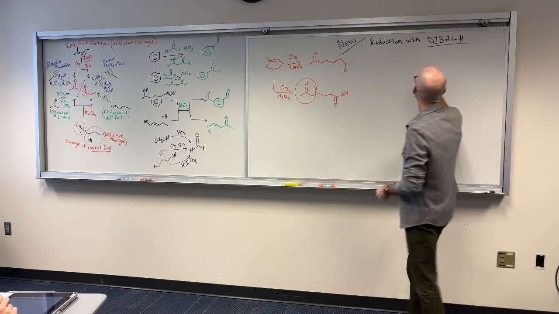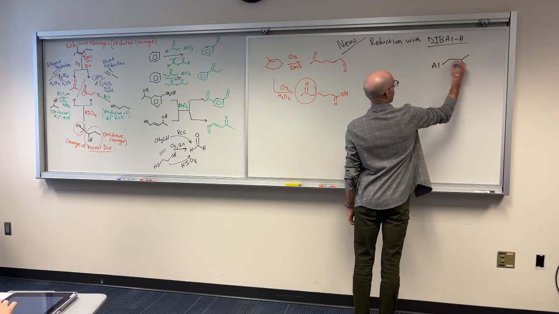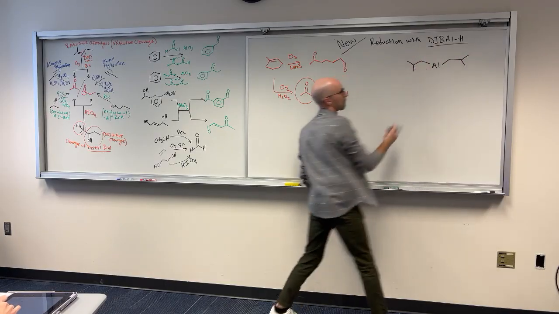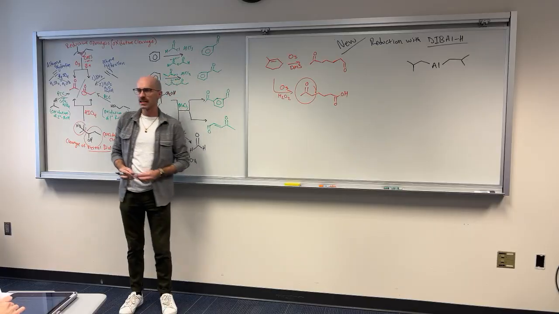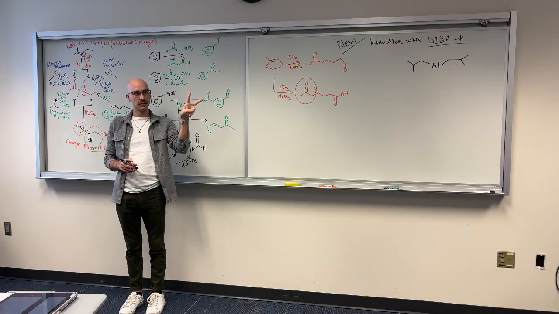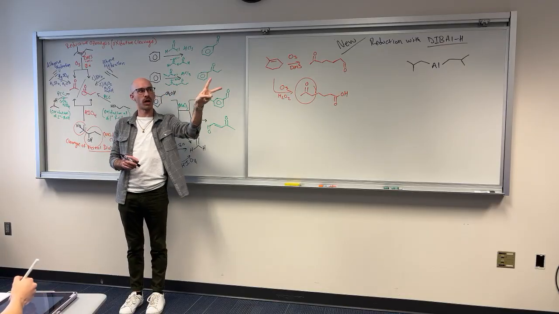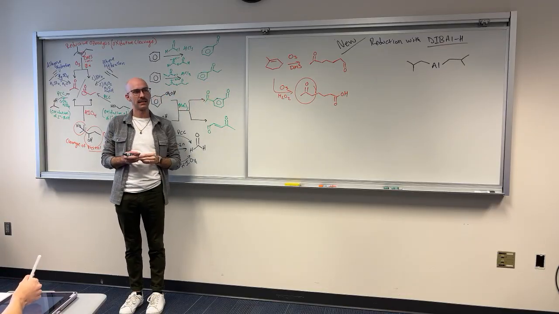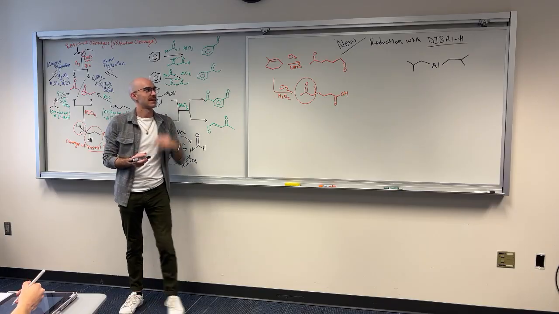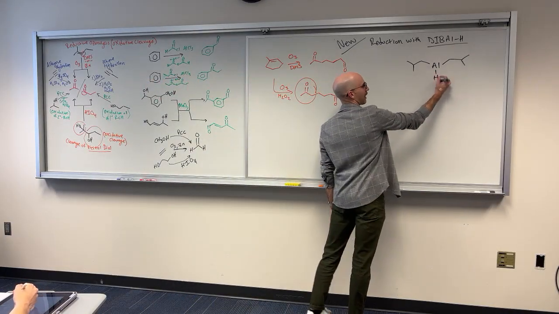Di, iB, isobutyl. Isopropyl is the 3-carbon peace sign, the 3-carbon Y. Isobutyl has 4 carbons plus the little Y at the end. This is diisobutyl aluminum hydride.